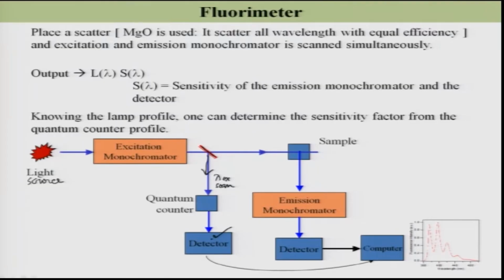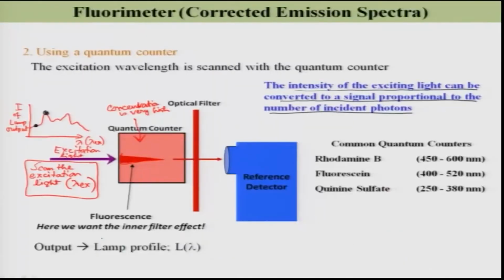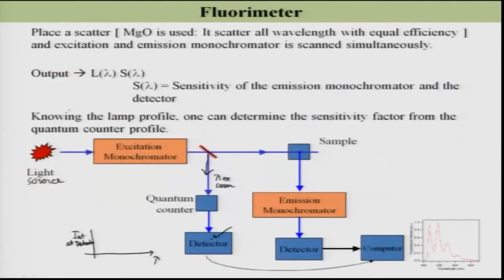If you plot the intensity at the detector, then this detector intensity will also vary as per the lamp spectra. In my lamp spectra, what I showed like this way, the detector intensity will also vary this way. So ultimately what you are going to get is a similar profile.